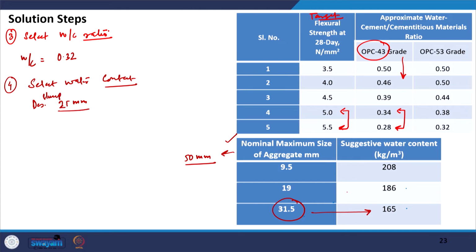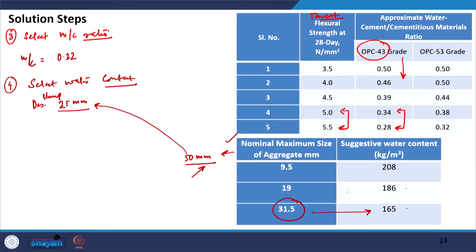Okay. So, the correction again, if you remember, was that for every 25 mm increase or decrease in slump, you have to increase or decrease the water content by 3%. So, here we have to decrease the slump by 25 mm, 50 minus 25.